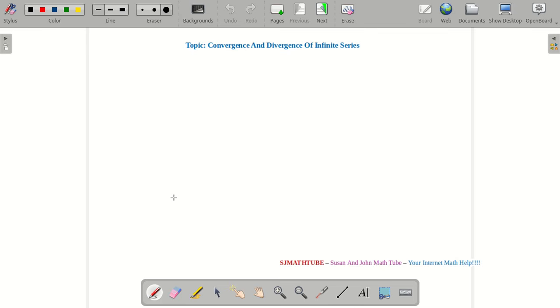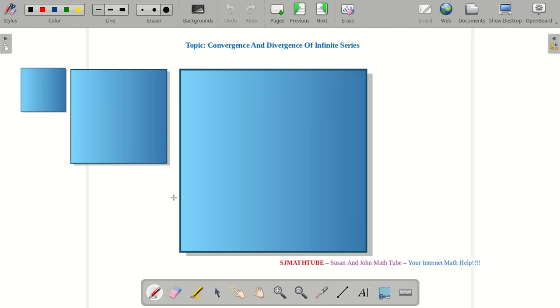I want you to take a look at this picture. Once you have a very good look at the picture, answer me whether it is convergent or divergent. I have some squares here, and I made the squares in an approximate manner so that the first square and the second square are in the ratio 1/4.